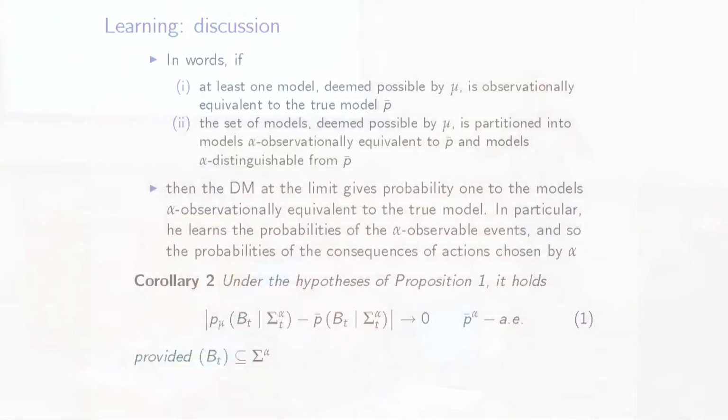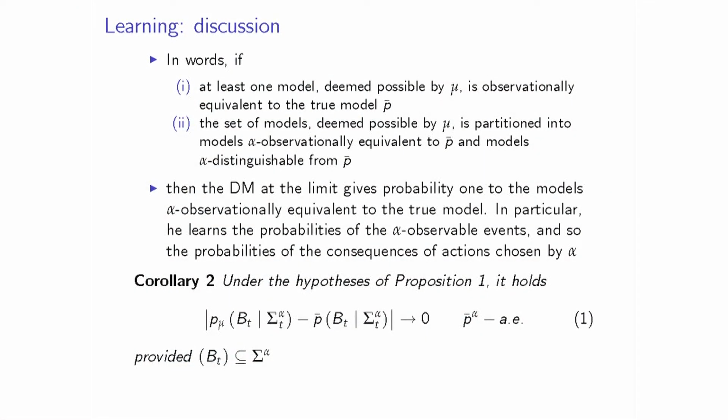And then models are partitioned into two sets: the ones in the support that are observationally equivalent, and the ones that are alpha distinguishable from P bar. The idea is then that the decision maker, in the limit, gives probability 1 to the alpha observationally equivalent models, the ones that are observationally equivalent to the true model, and is then learning the true probability over the alpha observable events.